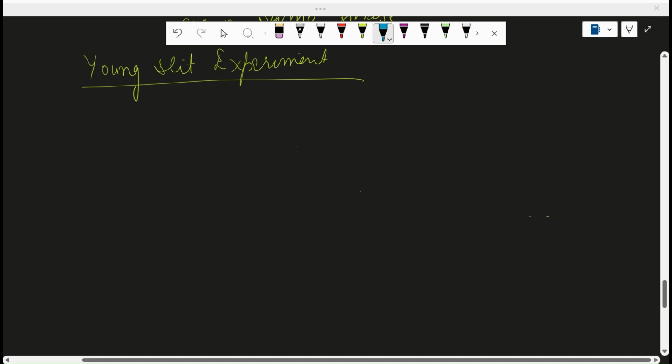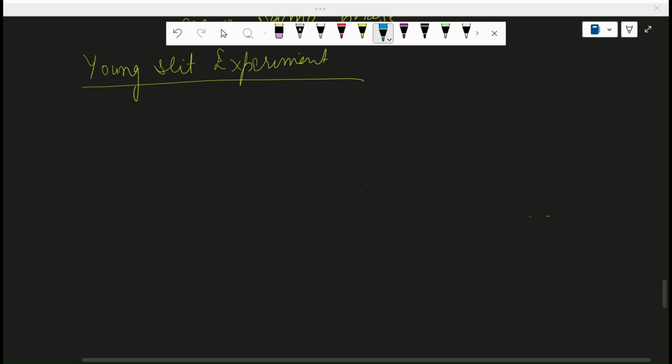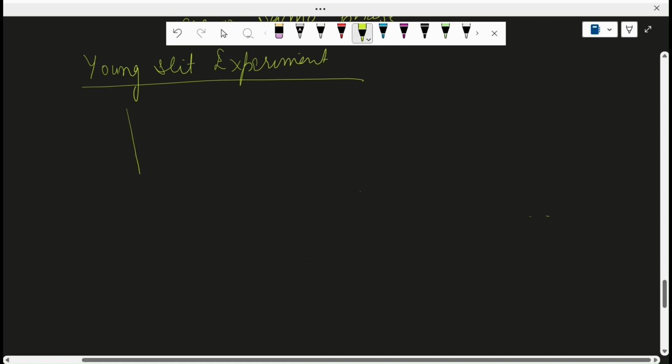So let us now understand what is the path difference from the Young slit experiment, right? What exactly happened in the experiment? There is a vertical sheet, right?